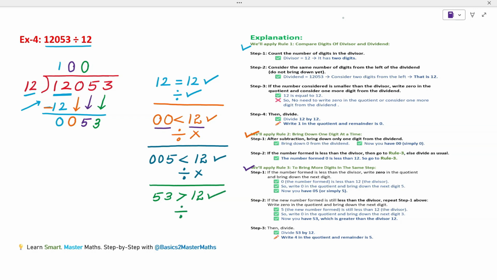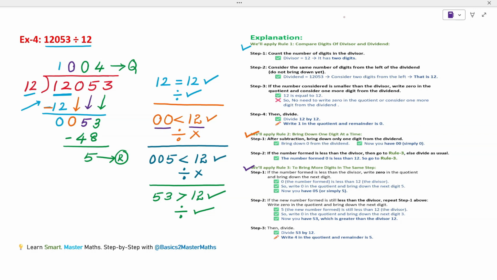Hence, you can divide it. 12 fours are 48. You got 5 as the remainder and 1004 as the quotient.